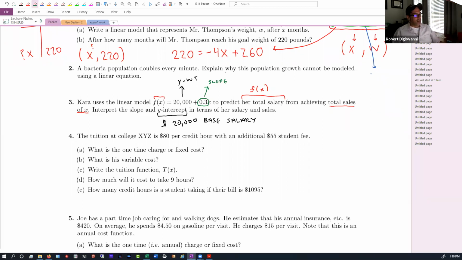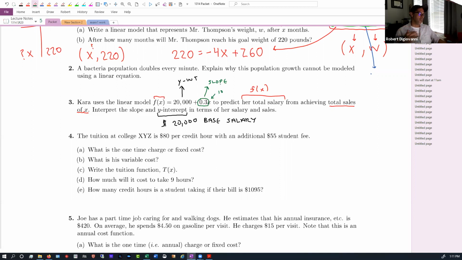So what would happen if she sold $10 worth of stuff? We would replace that x with 10, right? And what's 10 times 0.3? Just move the decimal point over one place and you would get 3, right? She makes $3 if she sells $10.